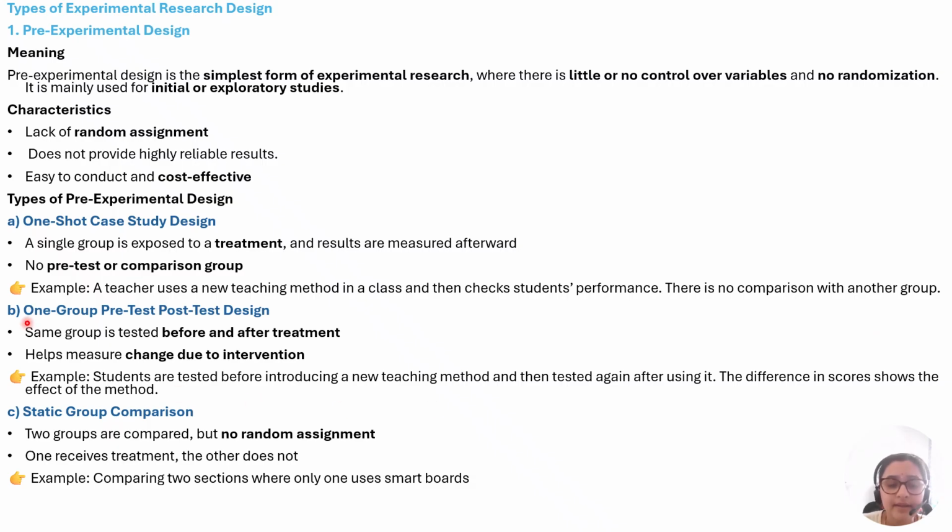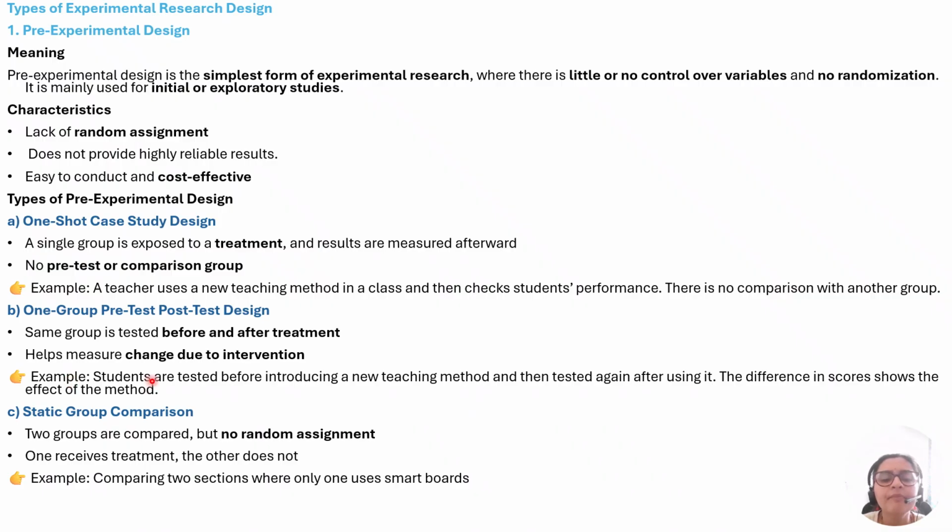The second one is one group pre-test, post-test design. In this, comparison is there. That means comparison of the same group before and after. Comparison not with another group, the same group. The same group is tested before and after treatment.